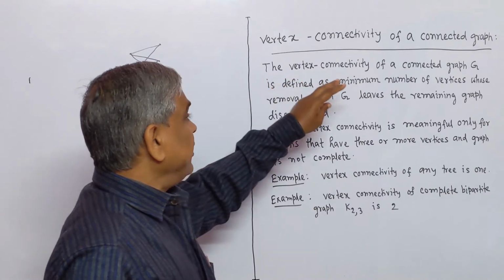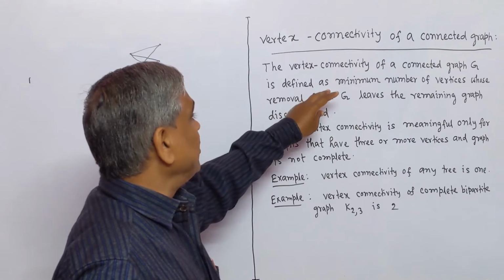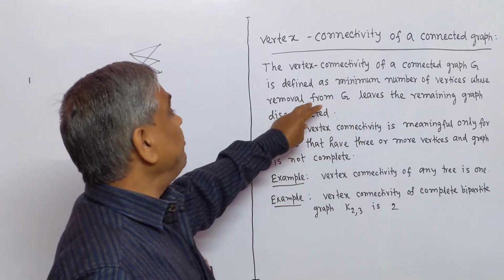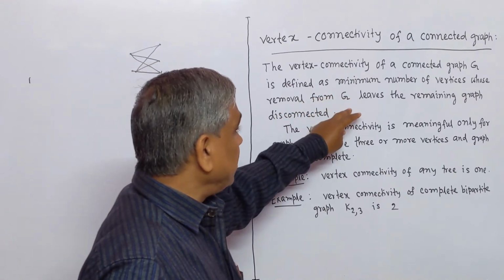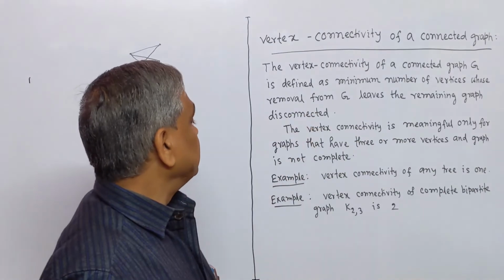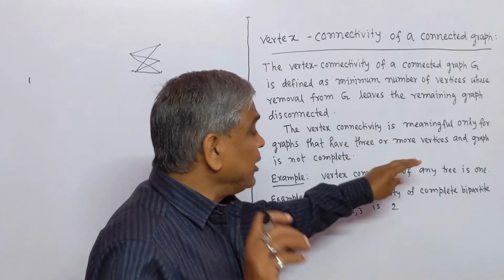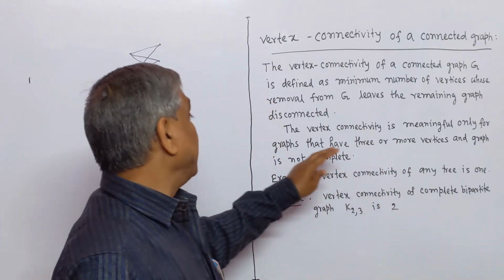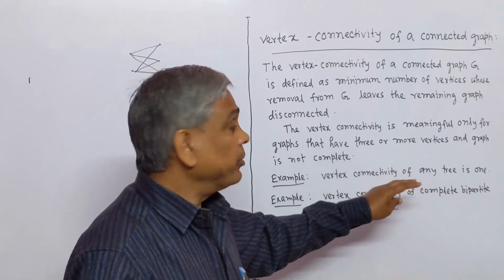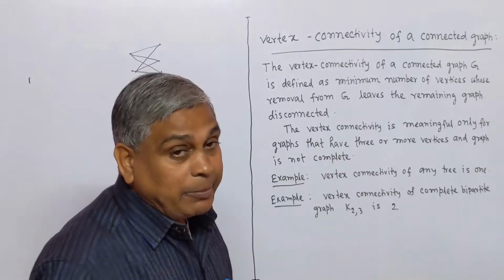The vertex connectivity of a connected graph G is defined as the minimum number of vertices whose removal from graph G leaves the remaining graph disconnected. The vertex connectivity is meaningful only for graphs that have 3 or more vertices and the graph is not complete.